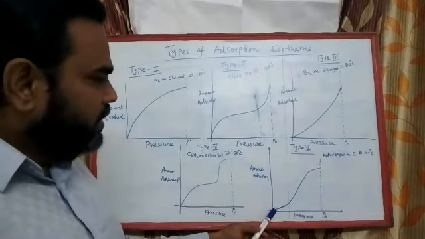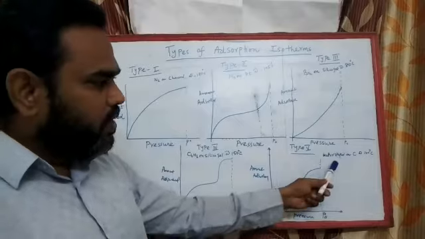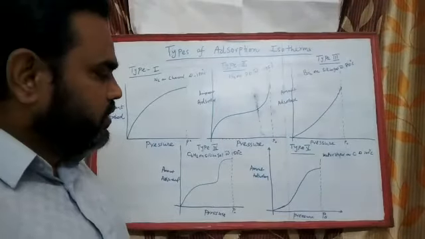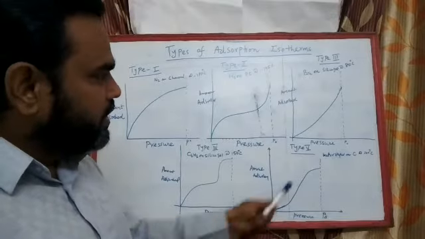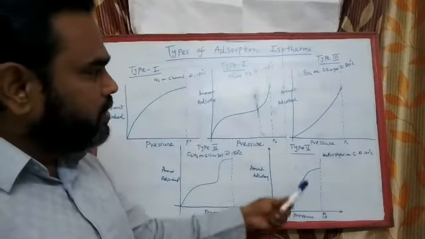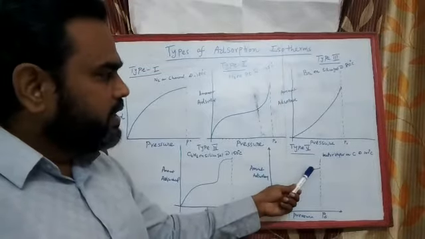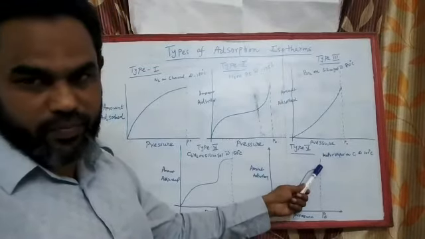Type 5 is adsorption of water vapor on carbon at 100 degrees centigrade. This is more or less similar to type 3, where the adsorption keeps on increasing and then reaches a saturation.